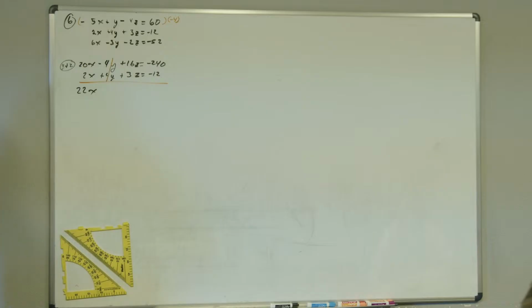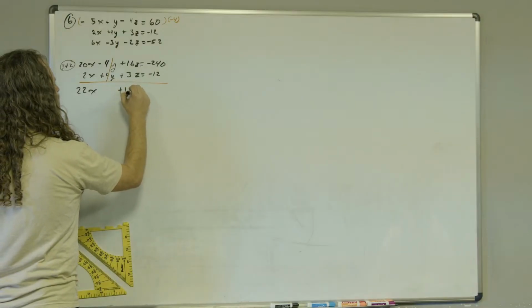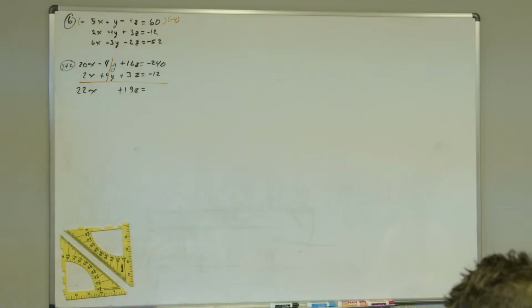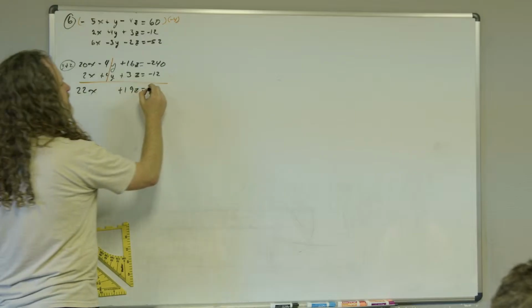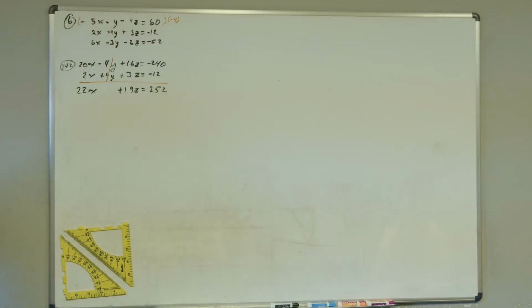And then 16z plus 3z is what? 19z is correct. And then negative 240 minus 12 is what? Negative 252. All right? So we did 1 and 2.